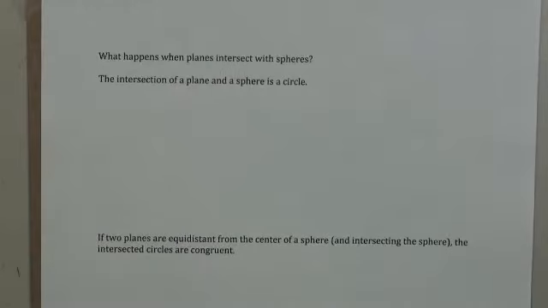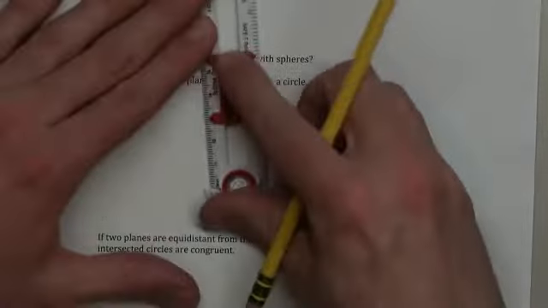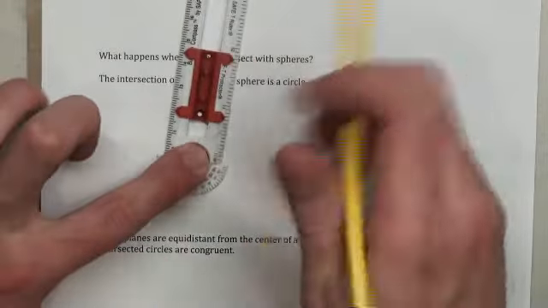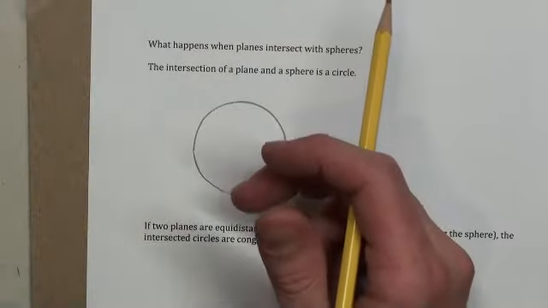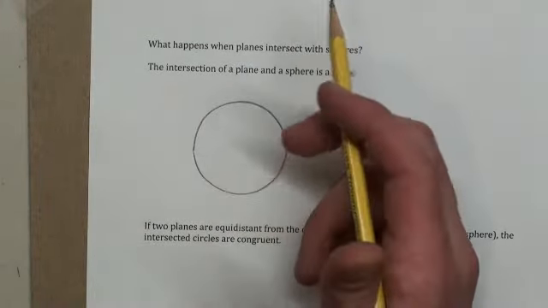What happens when planes intersect with spheres? The intersection of a plane and a sphere is a circle. So let's just draw a quick picture of that again. We kind of talked about that already, but now let's try to draw a picture of it, which is not easy.